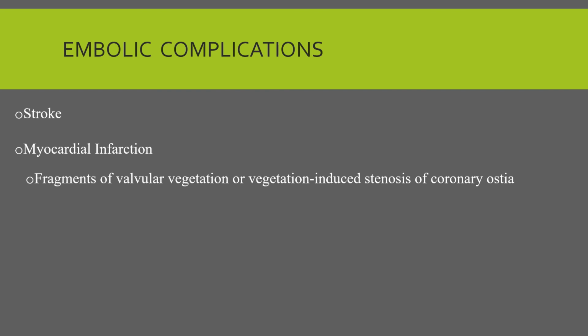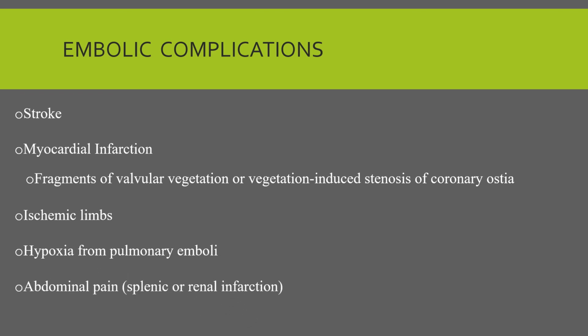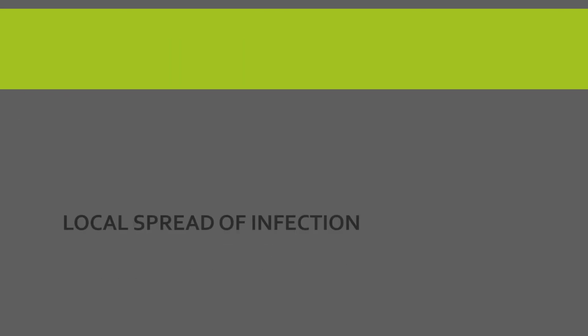Other embolic complications are stroke and myocardial infarction, mainly from fragments of valvular vegetation or vegetation-induced stenosis of coronary ostia, and ischemic limbs, and hypoxia from pulmonary embolism can happen. And also abdominal pain from splenic or renal infarction can occur.